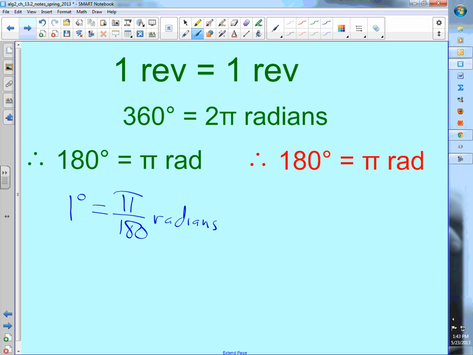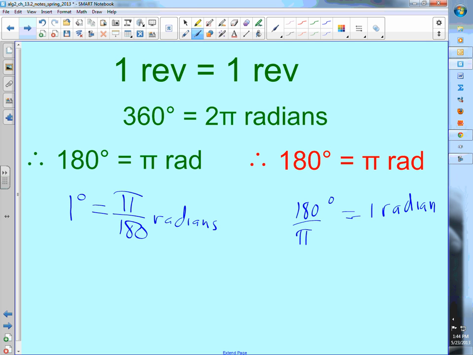If we take the same equation and divide by pi, what does 1 radian equal? 180 over pi degrees. 1 radian is 180 over pi degrees. 1 degree is pi over 180 radians.